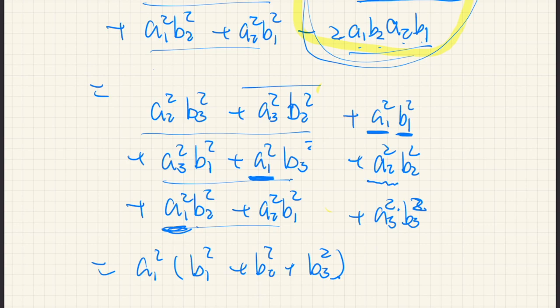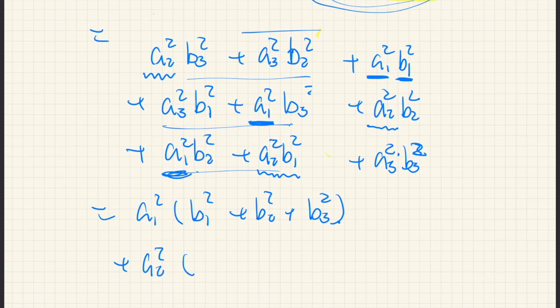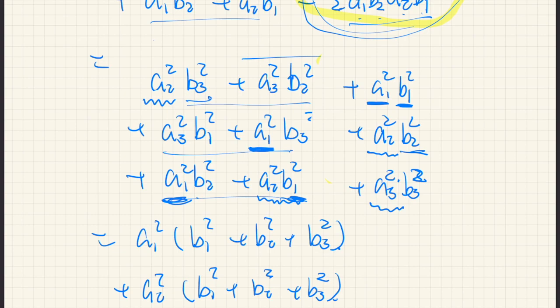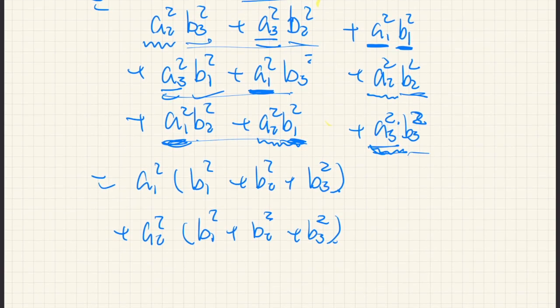Next, A2 squared is involved with B1 squared, B2 squared, and B3 squared. And finally, A3 squared appears here and here, with B1, B2, B3 all squared.